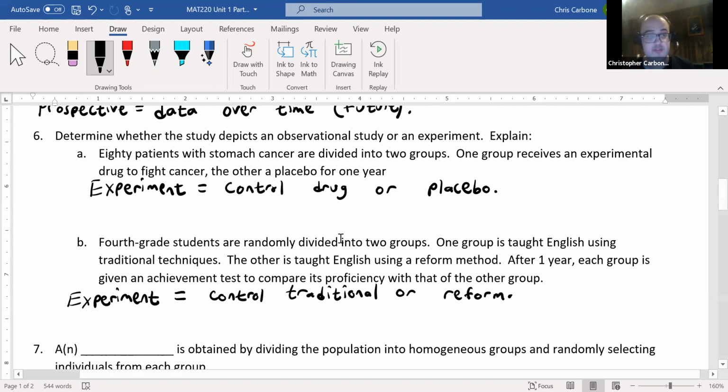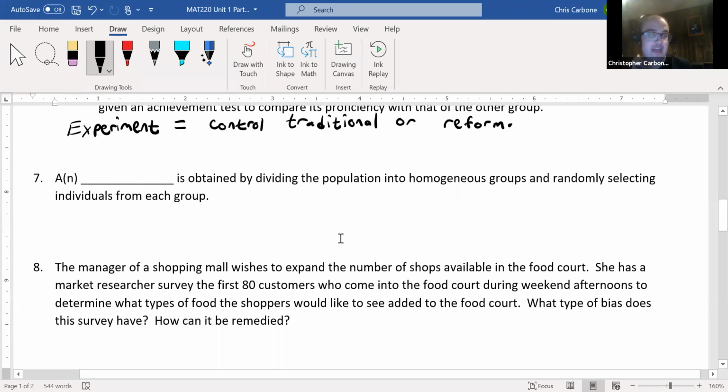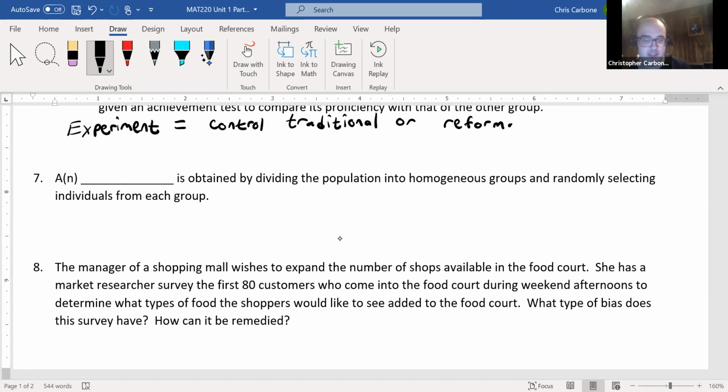For question number 7 now. We have a blank is obtained by dividing the population into homogeneous groups and randomly selecting individuals from each group.